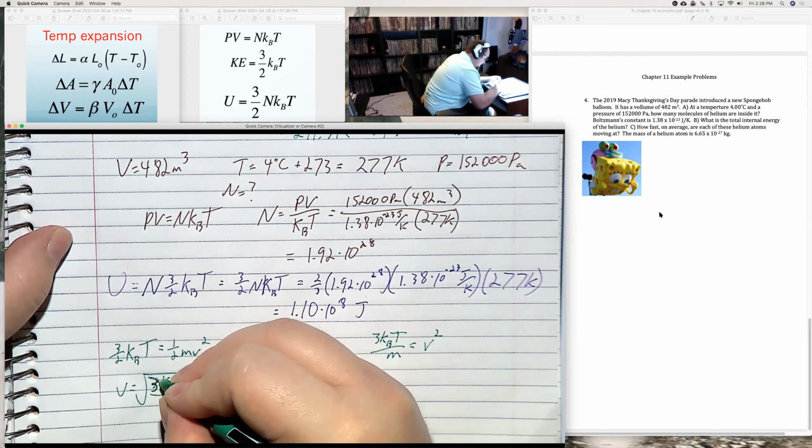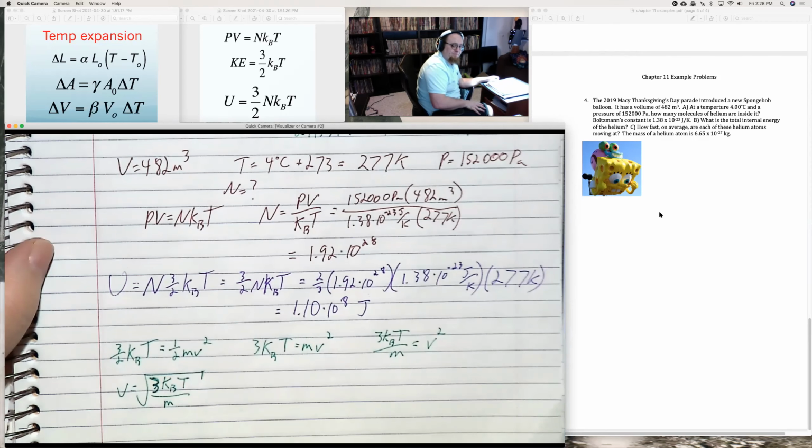And as I said, I gave this equation in class. I'm just deriving it again.